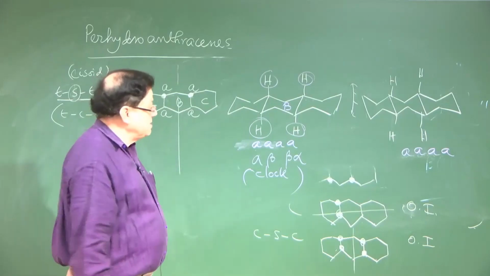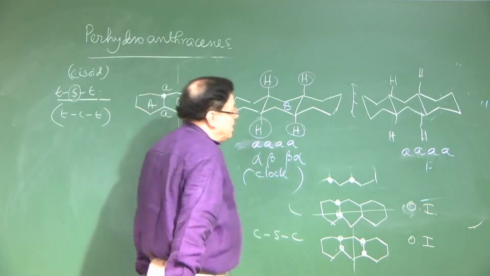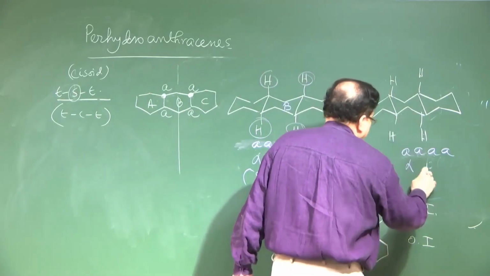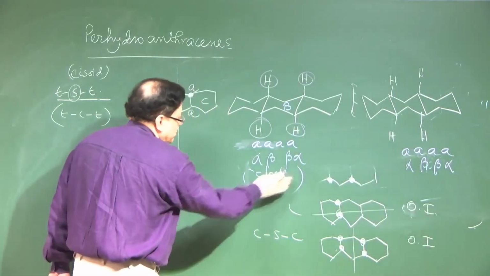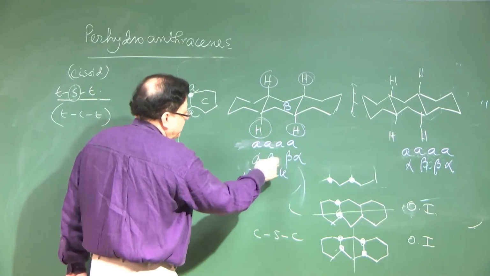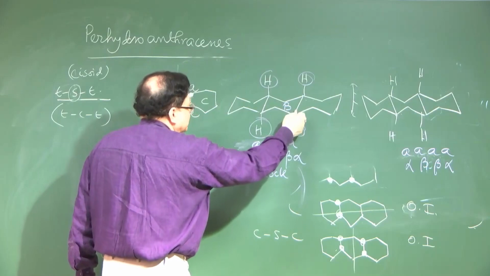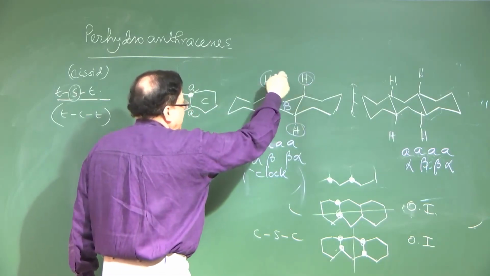So, there is no difference here. However, because you have made it alpha, beta, beta, alpha, so better do it alpha, beta, beta, alpha. However, I should also point out here that this is alpha, beta, beta, alpha. So, you can go from here also to come to this via this route. No? This is alpha, beta, beta, alpha.